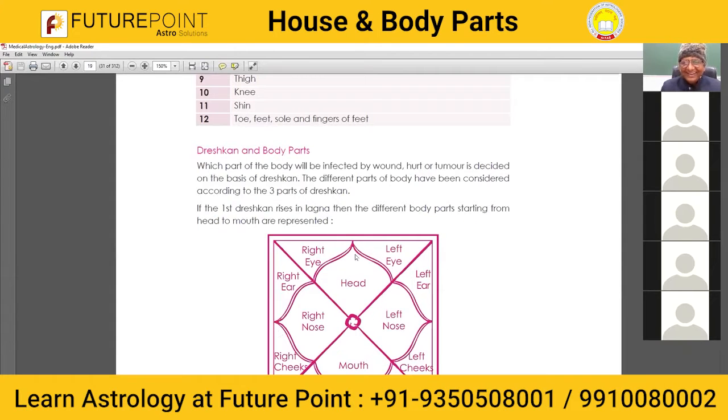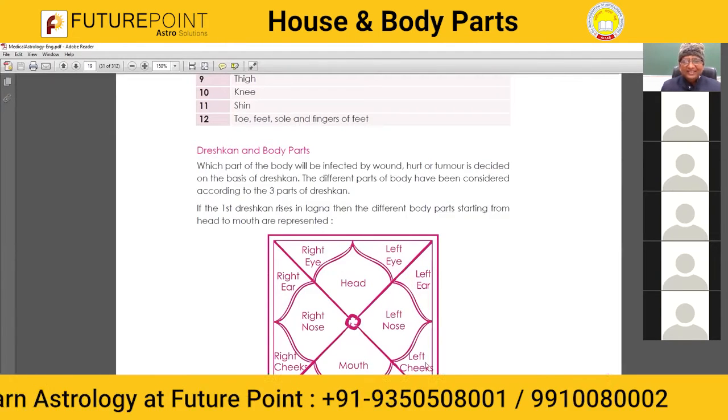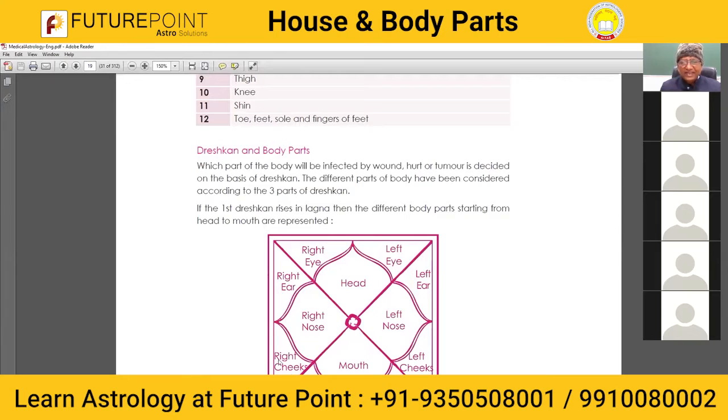Just like a mirror reflection, sir. Yes, the way we look at it in the mirror. If you stand behind this, then it is obviously the left eye. This is the left part, this is the right part. You can say that this is a person standing in front of us.